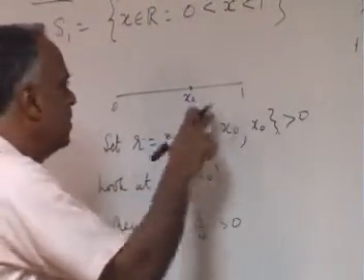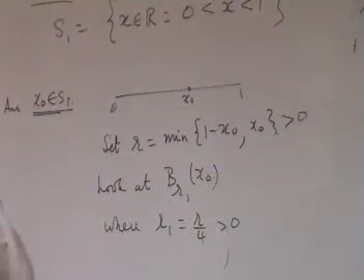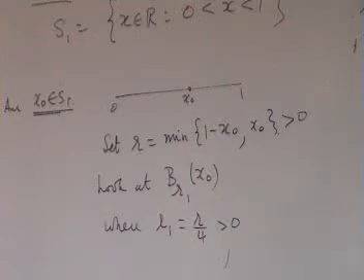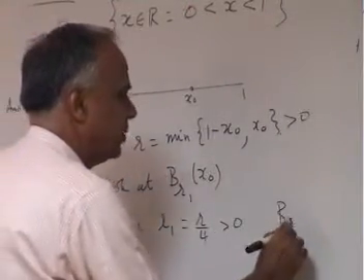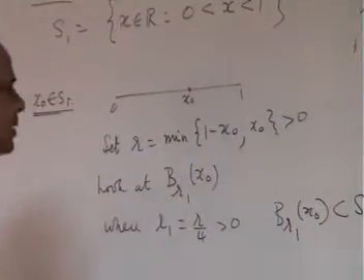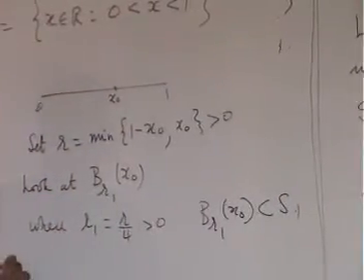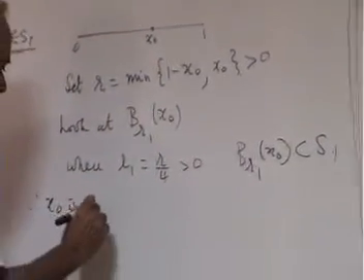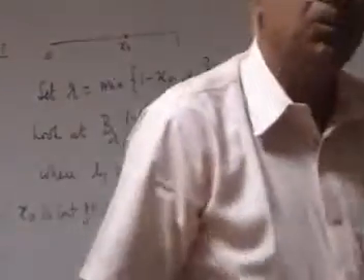Why? Because x0 is greater than 0, and 1 minus x0 is also greater than 0 because x0 is not equal to 1 and it is less than 1. So R by 4 will also be greater than 0, and this ball around x0 is contained in S1. Therefore every point x0 is an interior point, and hence S1 is an open set.